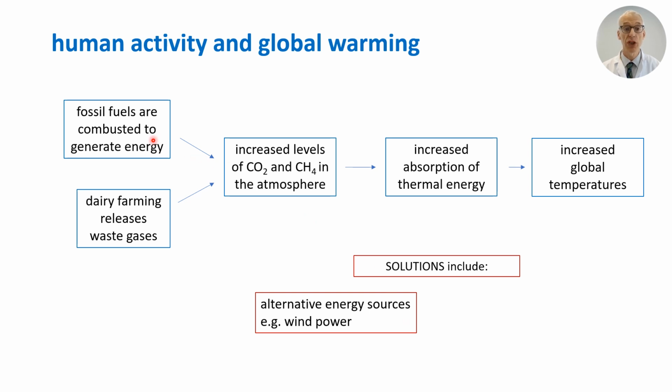So that would reduce the combustion of fossil fuels. We could also, not mentioned so far in this lesson, reduce energy use by, for instance, insulating homes. If we reduce energy use, less fossil fuels would need to be combusted. There are other solutions, of course.